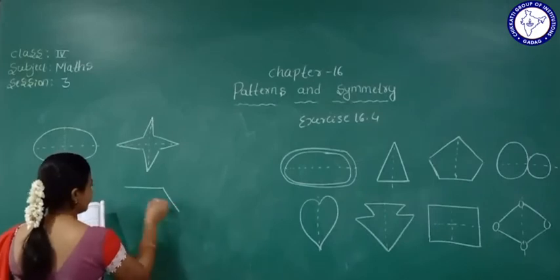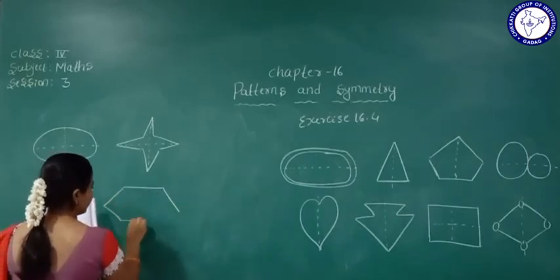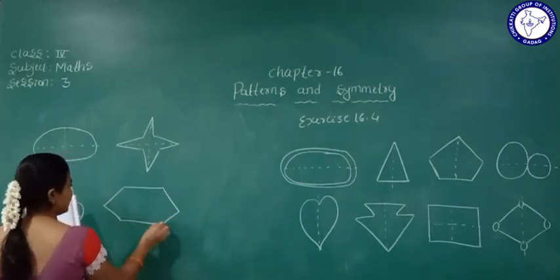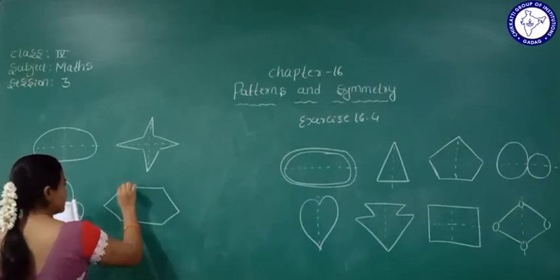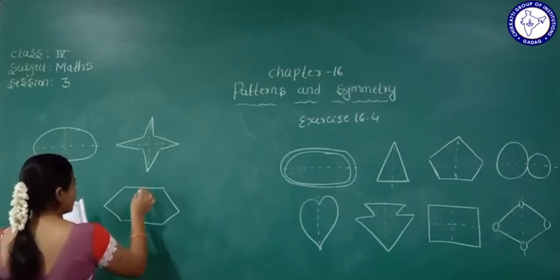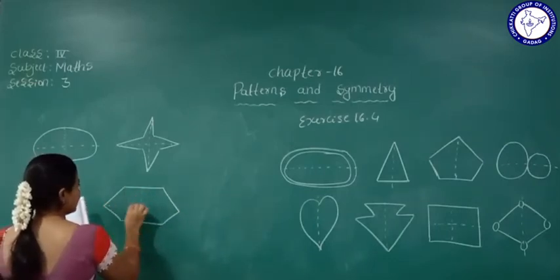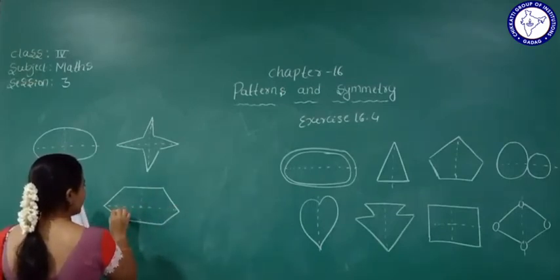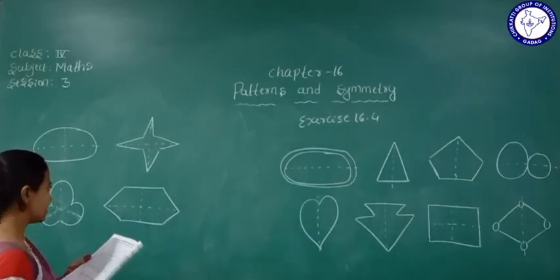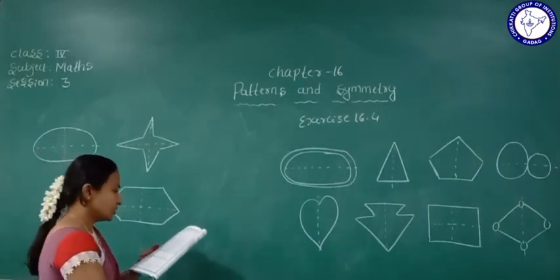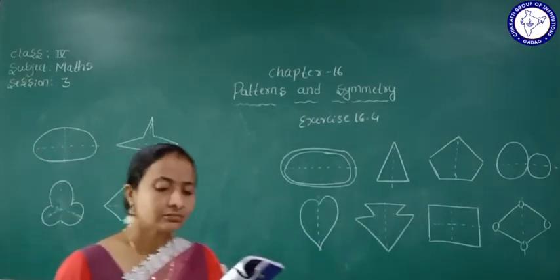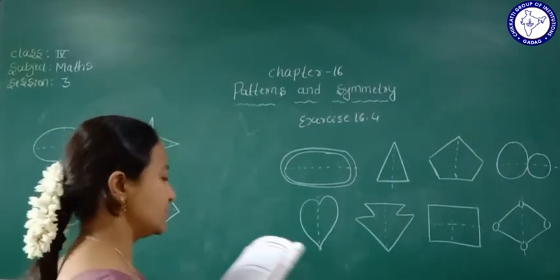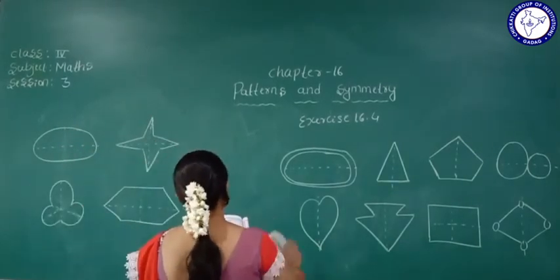Next, yes, here how many axes of symmetry? It does not come 1, 2, okay, 2 symmetry it has here. Okay, yes, so these all are the axes of symmetry in the shapes.